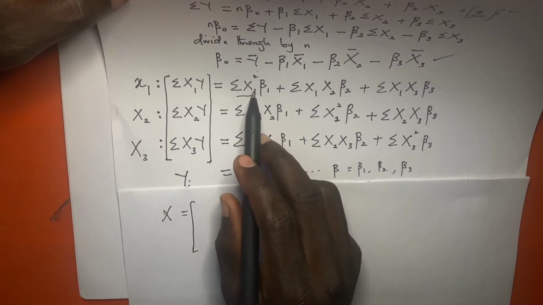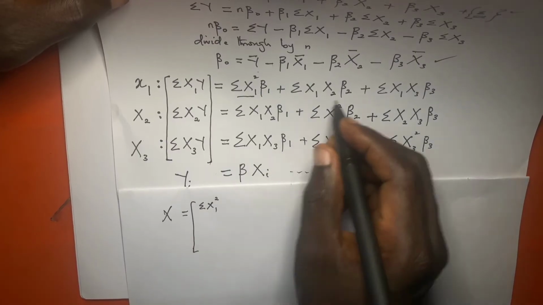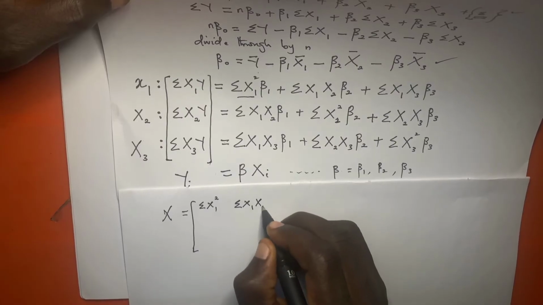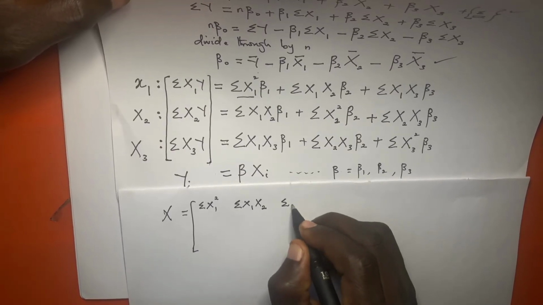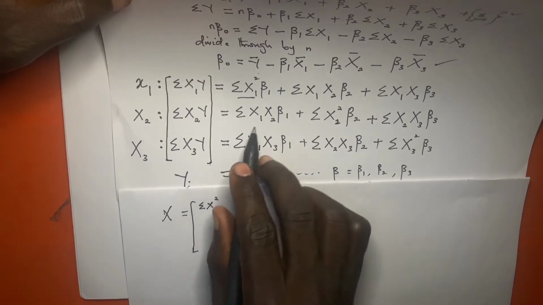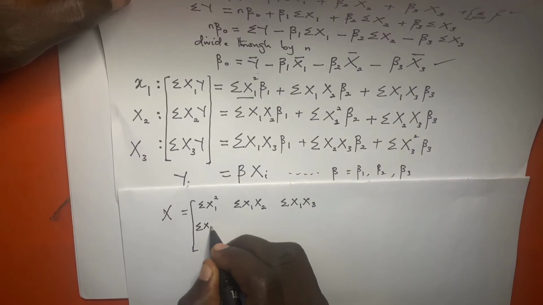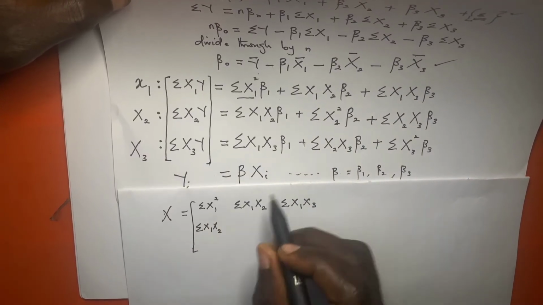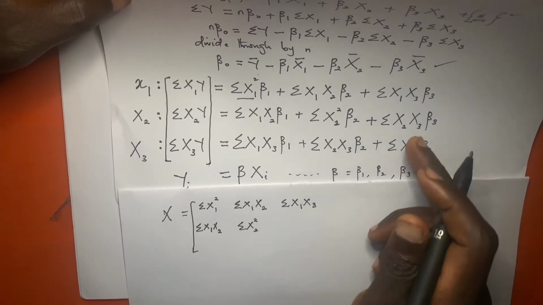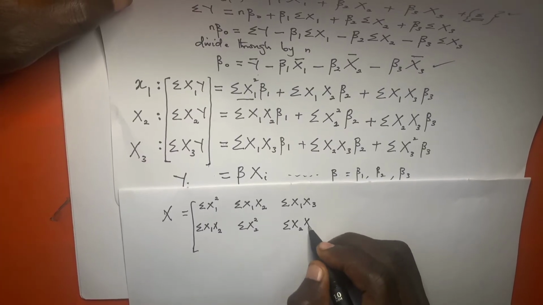Our x in matrix form is now summation x1 square, the coefficient of x here, summation x1 x2, summation x1 x3. Then for the second equation, we have summation x1 x2 here, summation x2 square, then here summation x2 x3.